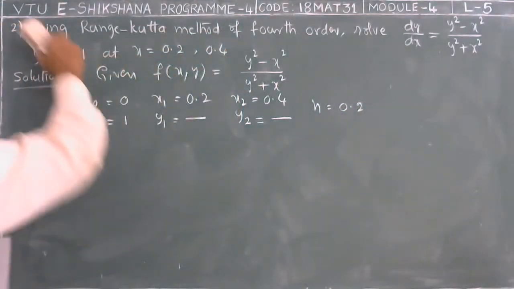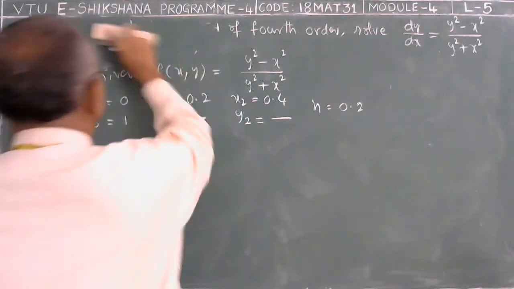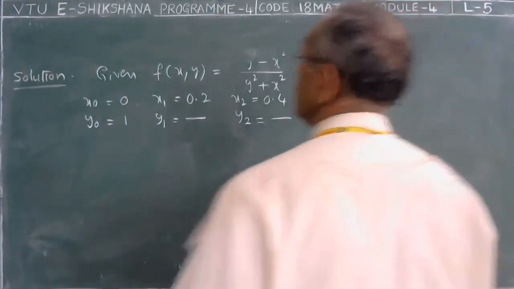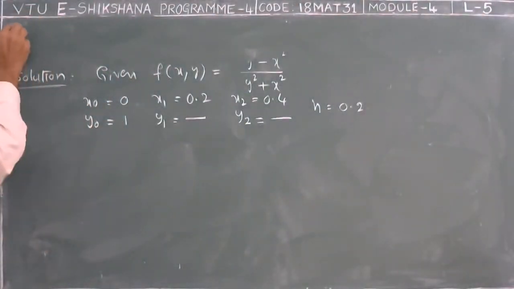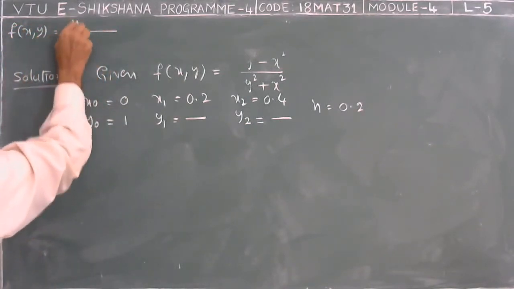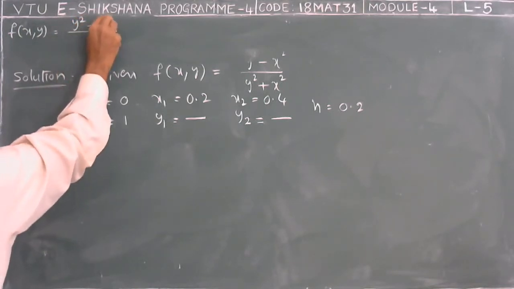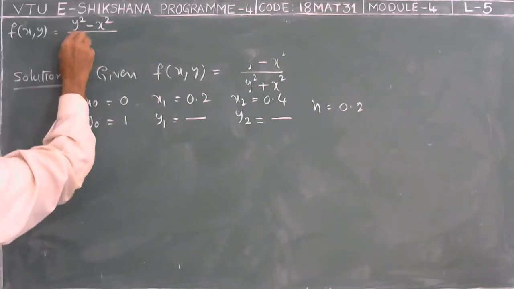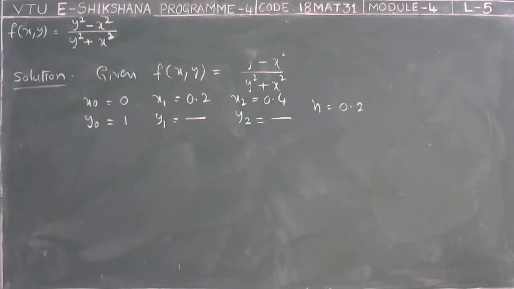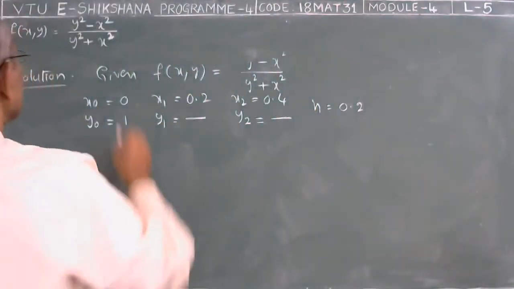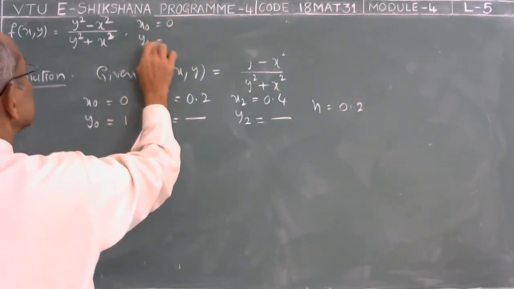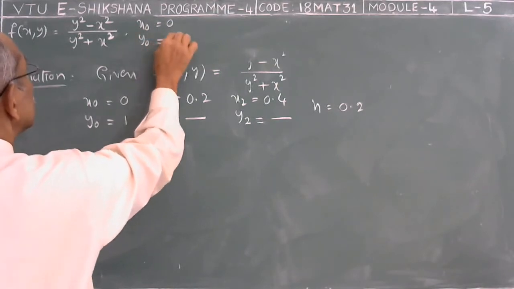Now let me write the data which I require to complete this problem separately here. Given f of x comma y is equal to y square minus x square divided by y square plus x square. Then x naught is 0, y naught is given to be 1.